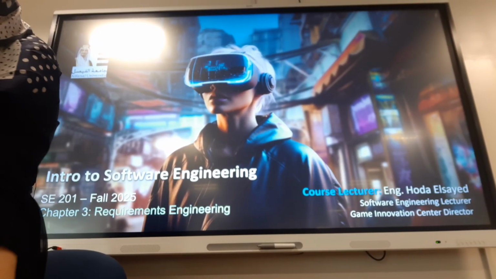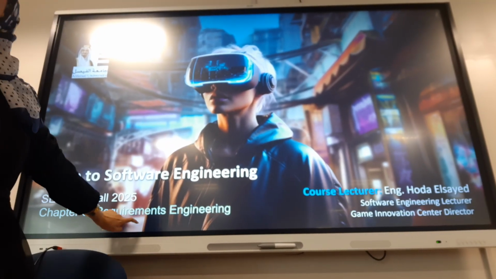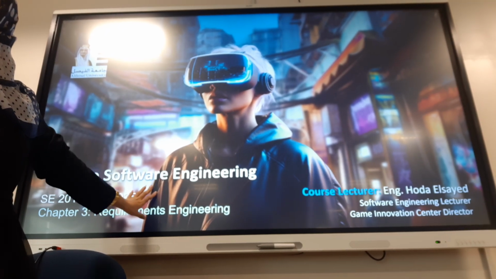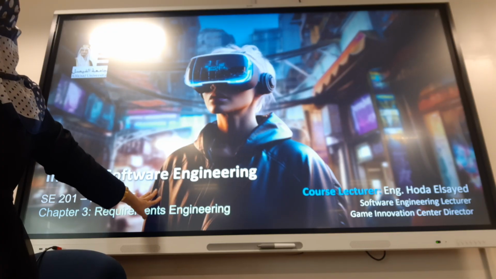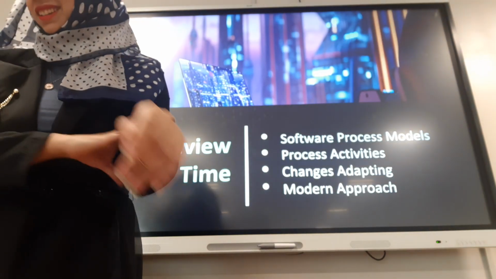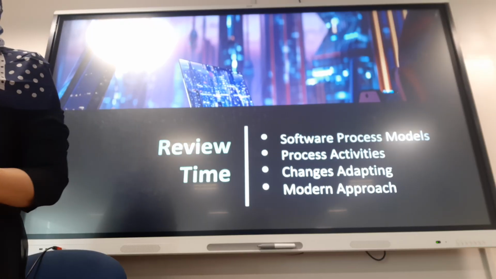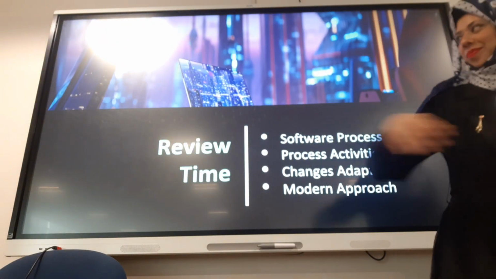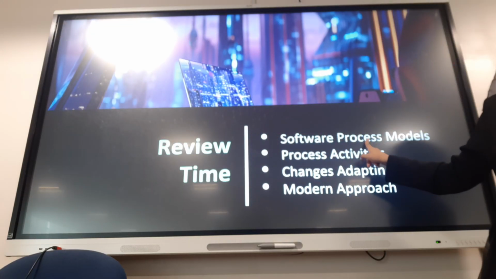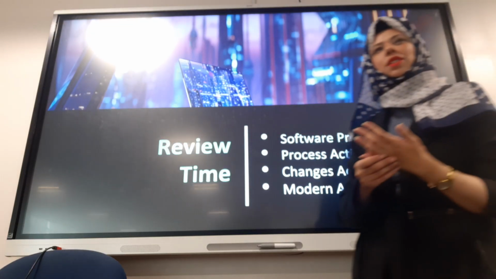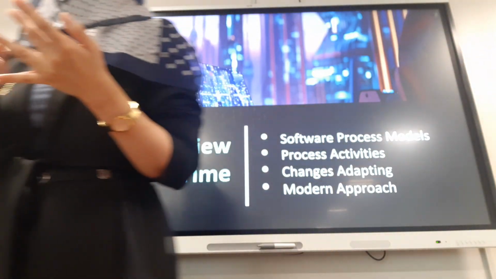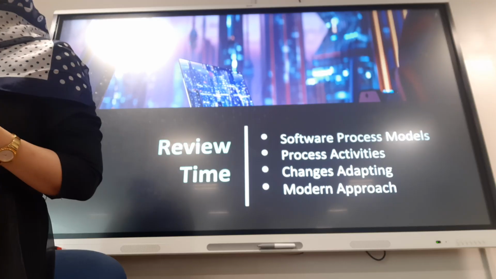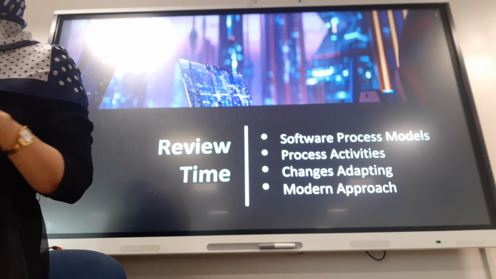So chapter 3 here focuses on requirements engineering. And I'm pretty sure this entire term is a bit familiar to you. So in the previous chapter, the main focus was mostly on our process models, and we got to see a lot of models, like incremental, waterfall, V model, reuse, RUP, spiral, right?